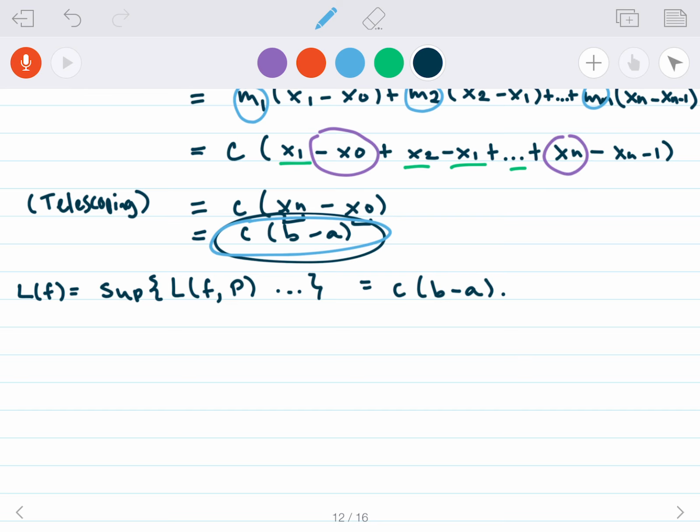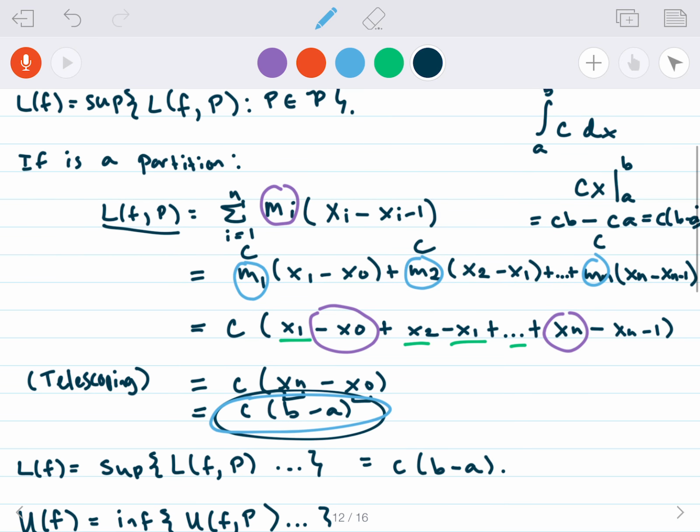Now, the upper integral, it's the same idea, right? I'm not going to work it out, but the idea is that the upper integral is the infimum of the upper sums. Because this is a constant, we can carry out the same exact computation, but instead of little mi, we're looking at capital Mi.